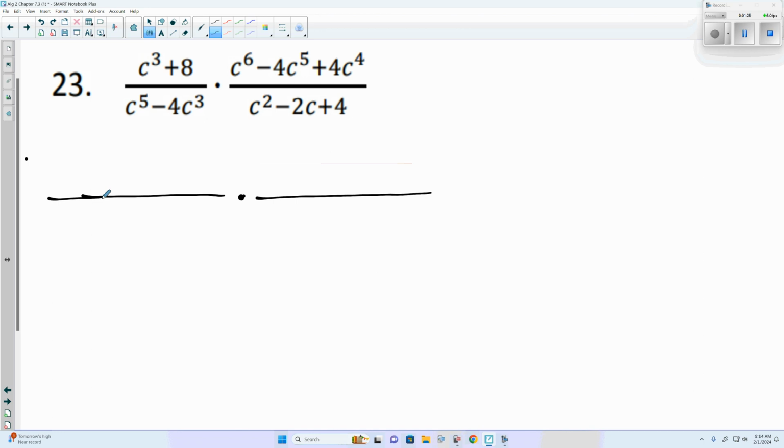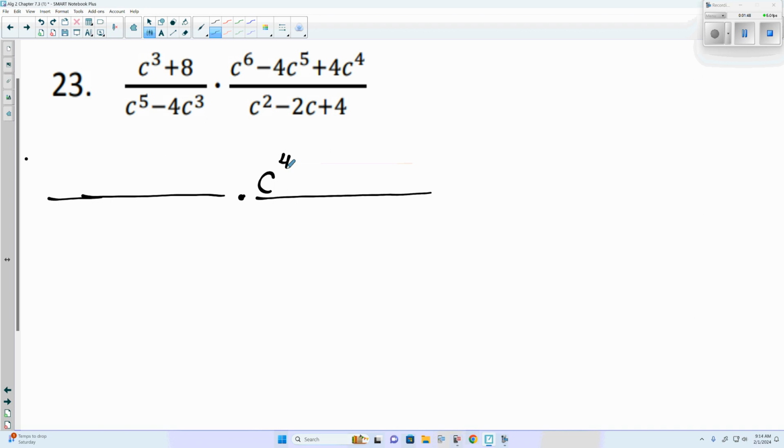But our c to the 6 minus 4c to the 5th plus 4c to the 4th has the greatest common factor of... c to the third is a common factor, but it wouldn't be the greatest common factor. It'd be c to the 4th.